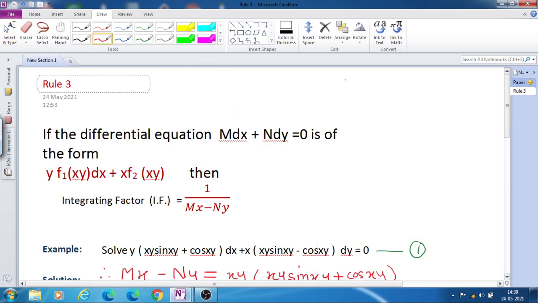Here for this integrating factor we have the condition that Mx minus Ny is not equal to 0.